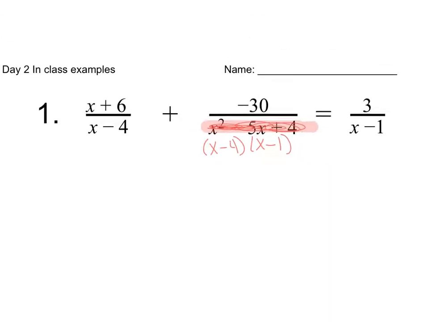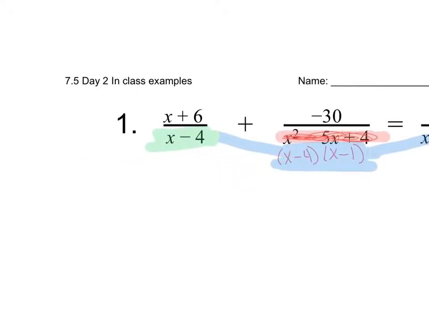We are not trying to cross reduce, we're not cross multiplying, we're not doing anything. We need to figure out how we can make the denominators all the same. Well, if you notice, the middle term here has an x minus 4 and an x minus 1, which means everything needs to have an x minus 4 and an x minus 1. Well, this one over here has an x minus 4. What it's missing is x minus 1.